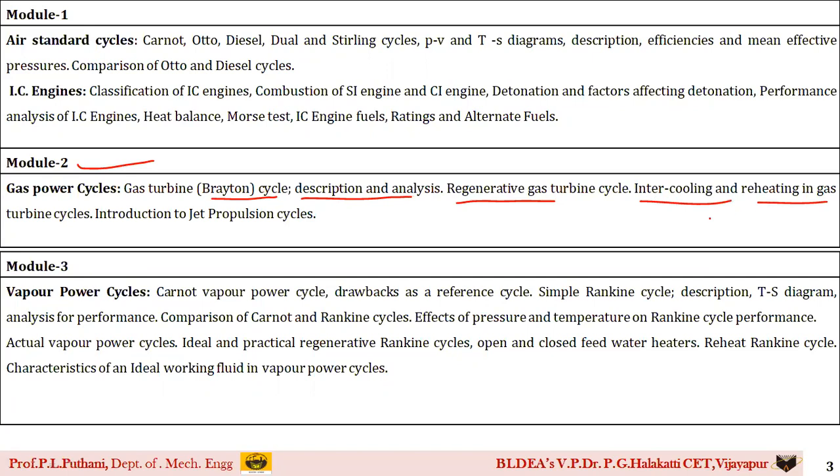These three different methods can be applied to improve the thermal efficiency of the gas turbine plant. Then we will have an introduction to various types of jet propulsion cycles such as ramjet, turboprop, and many others. This is with respect to module number 2. Then we have module number 3.